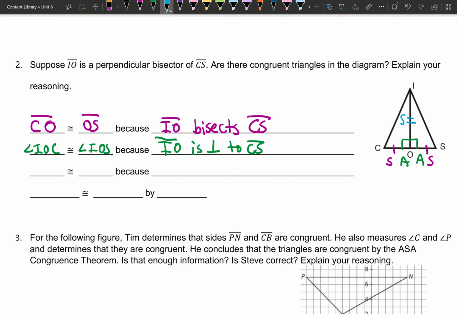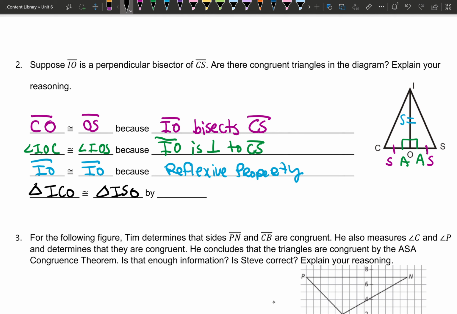Lastly, we have that side in the middle, IO congruent to IO because reflexive property. Which allows us to say that triangle ICO is congruent to triangle ISO by side angle side.